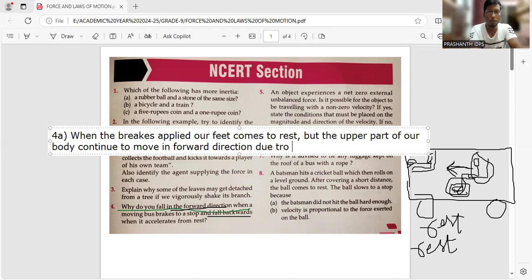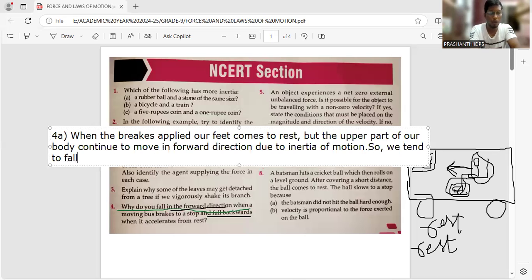Why? Due to inertia of motion. Okay, due to inertia of motion. So we tend to fall in the forward direction.